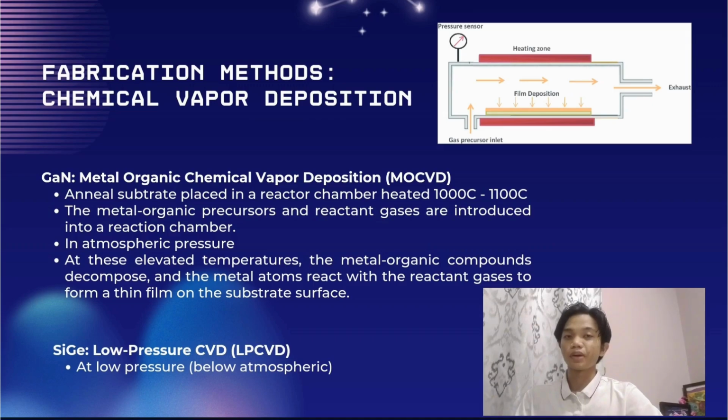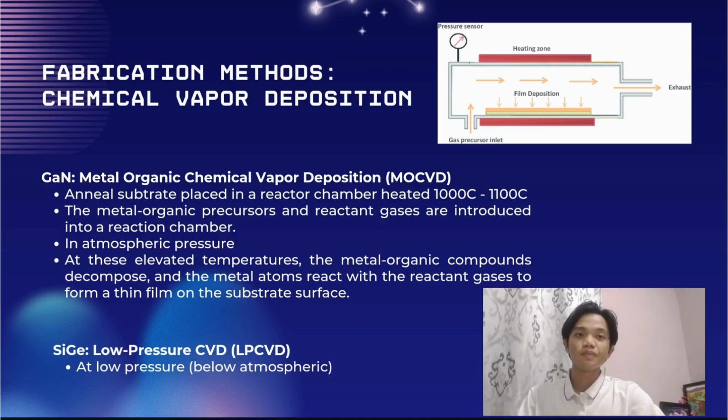The metal organic precursor and reactant gases are introduced to the reaction chamber at atmospheric pressure. At this elevated temperature, the metal organic compound decomposes, and the metal atom reacts with the reactant gases to form the thin film on the substrate surface.